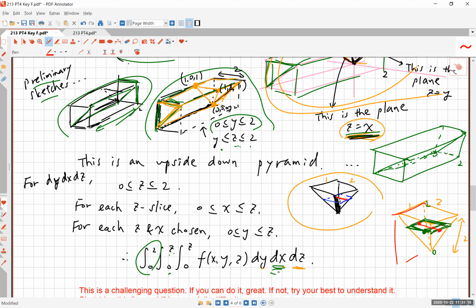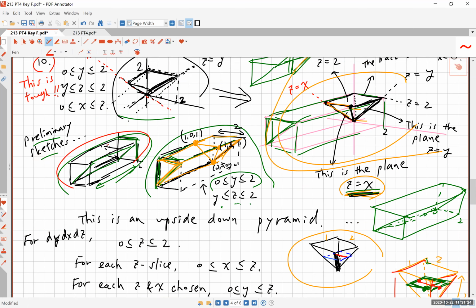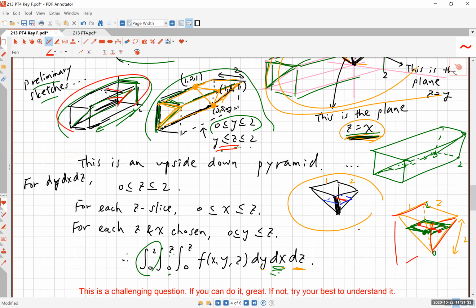What is this point? Well, this point belongs to the first plane I cut this at. I'm going from here to here. So what is this plane here? That plane was y is equal to z. So y goes from 0 to z because this point is where y equals z.